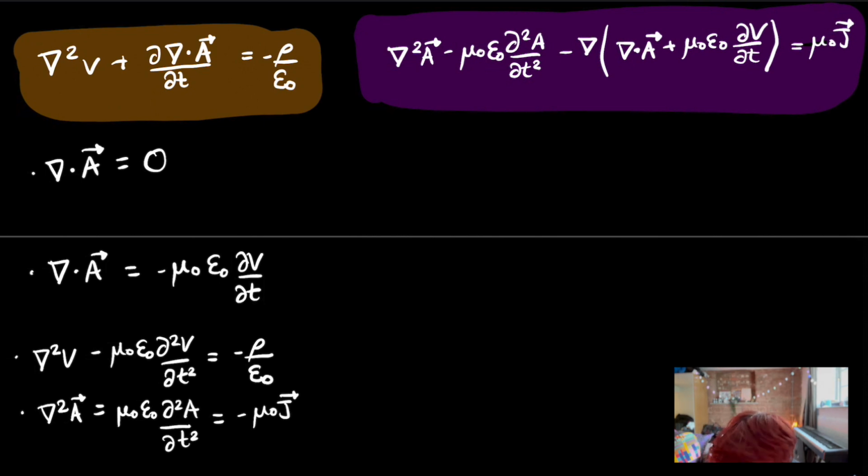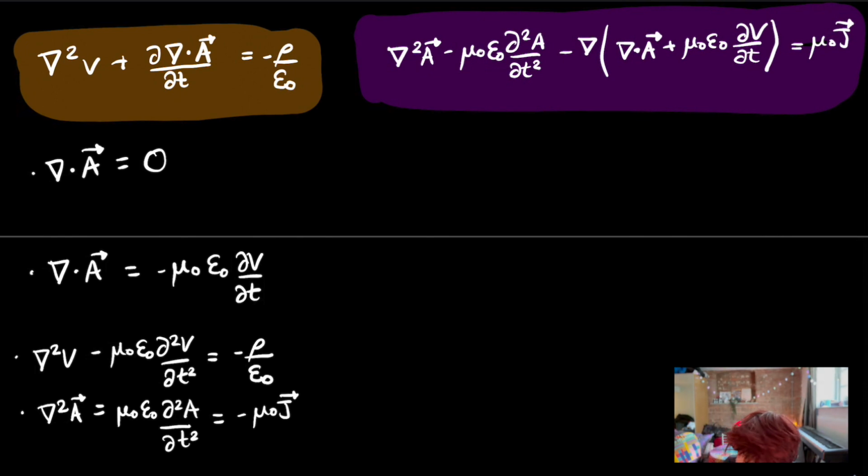If we have a look at the left-hand sides of these equations, we have a del squared, which is of course a Laplacian operator, and therefore it's the double derivative with respect to space. And we have a double derivative with respect to time of the same function right here. So this should remind you guys of a certain type of equation. And yes, you guessed it, this is the wave equation right here.